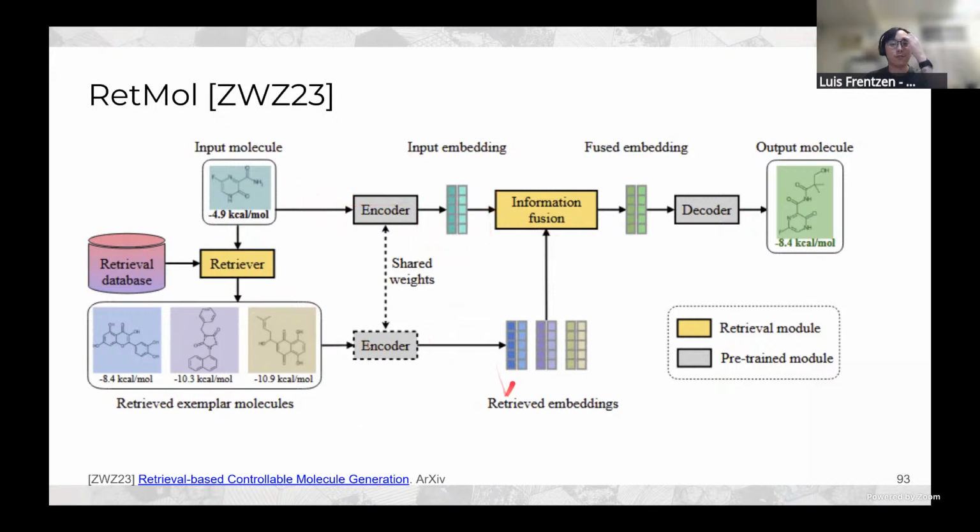Then you fuse the information, and the decoder makes predictions or produces the output molecule. I think it's also quite interesting that you could have different sequences, because we are focused on text as a sequence, but in the real world there are a lot of things that we can represent as a sequence. This is one example.